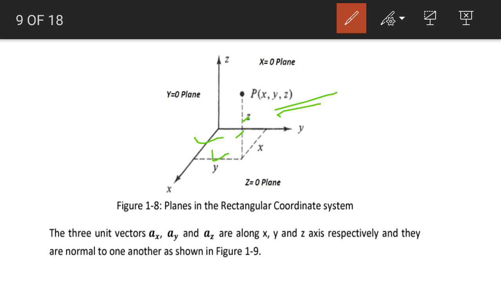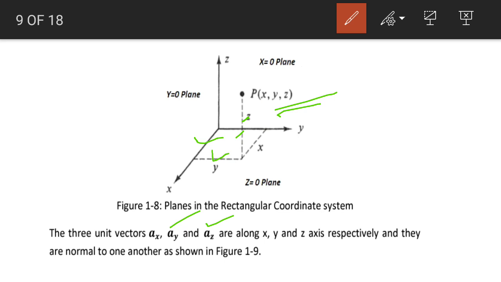There are three unit vectors, ax, ay, and az, in the rectangular coordinate system. The unit vector ax is along the x-axis. The unit vector ay is along the y-axis. And the unit vector az is along the z-axis. These three unit vectors are mutually orthogonal. They are normal to one another.